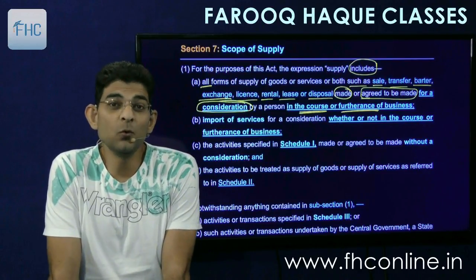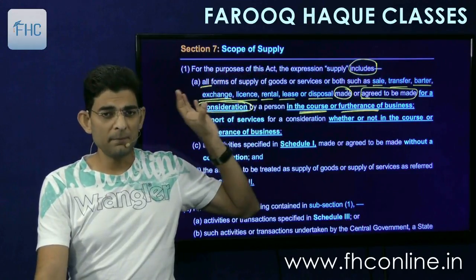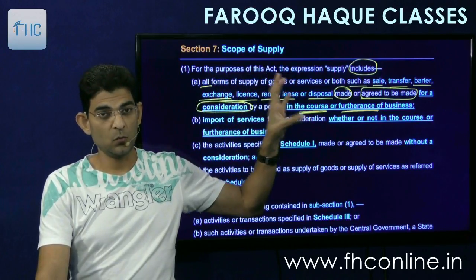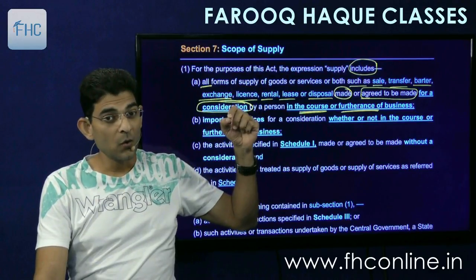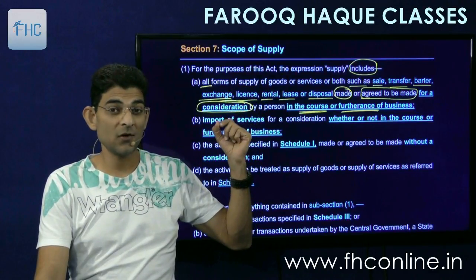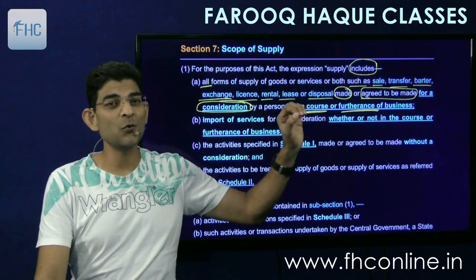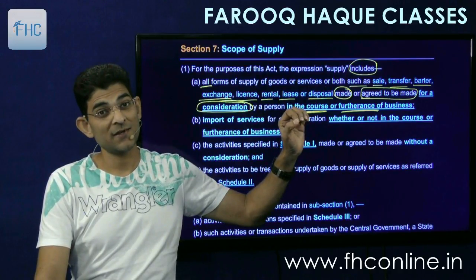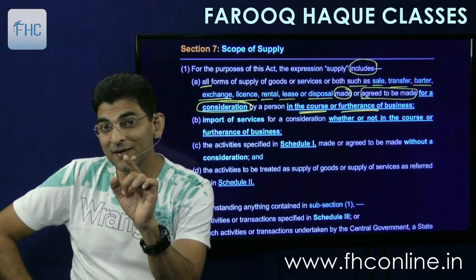Now what will clause B do? Now I'll explain. This clause A is the main part of the definition. What is supply? Supply is this. But now, what if there is no consideration? Or what if the transaction is there but it is not in the course or furtherance of business? Can that also be termed as supply?